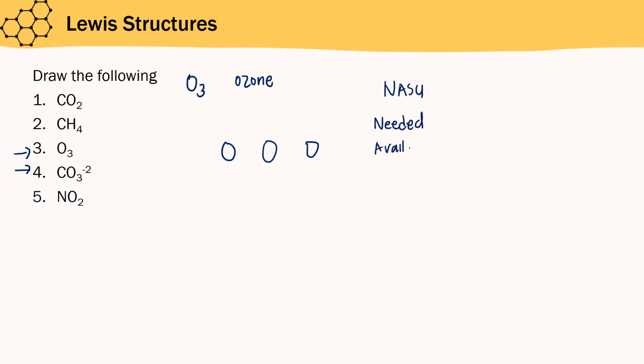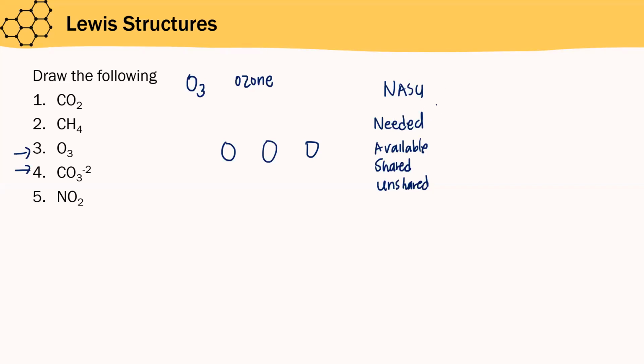Needed, available, shared, unshared. And this will guide us into how many atoms, how many bonds and lone pairs are there in a molecule in order for everything to work well.